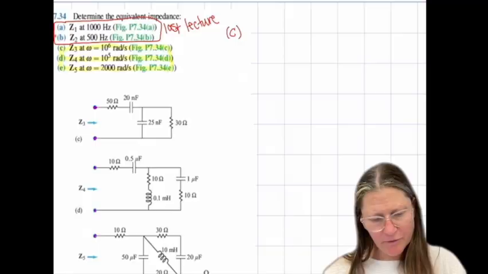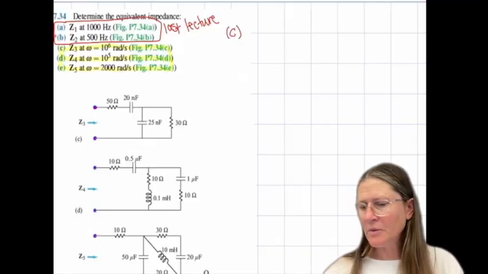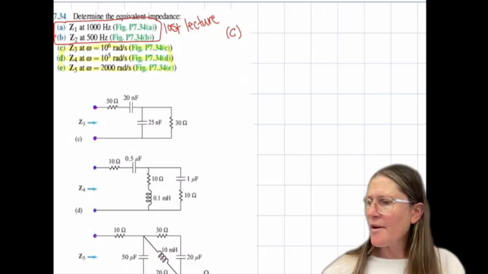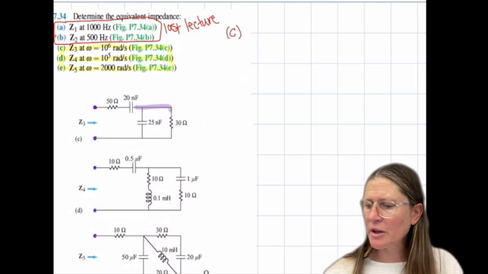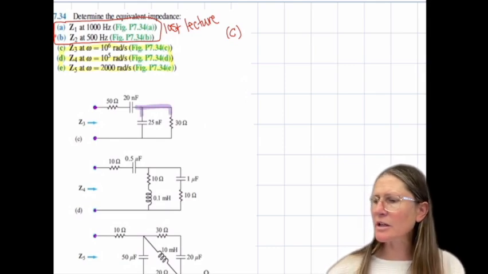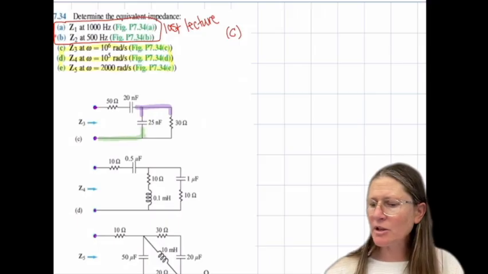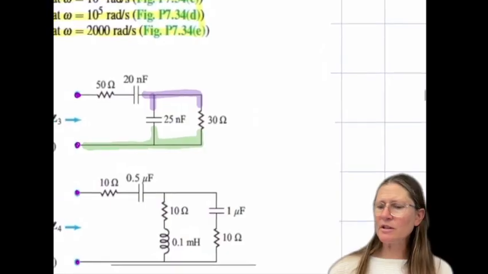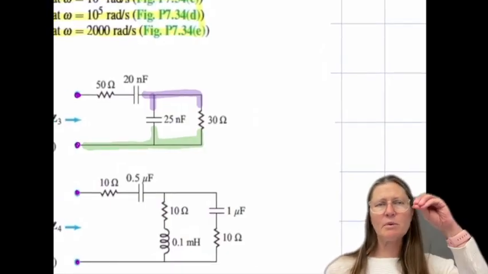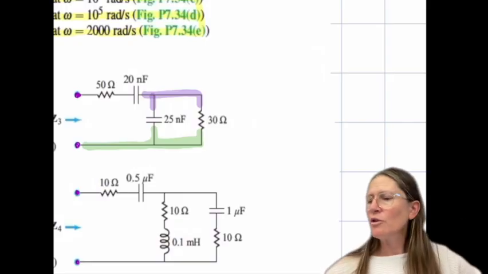All right, so for Z3, if we are still not seeing fully that things are in parallel or series, again, I suggest making sure that you highlight the nodes. And then hopefully from this, you can see that the 25 nanofarad is in parallel with the 30 ohms. So you're going to want to put these two in parallel.